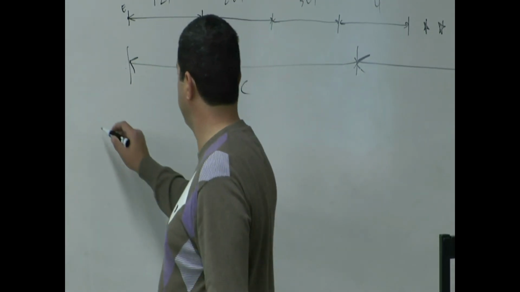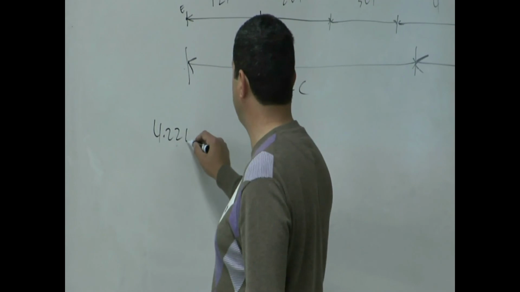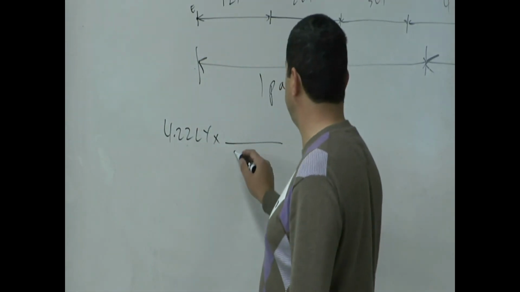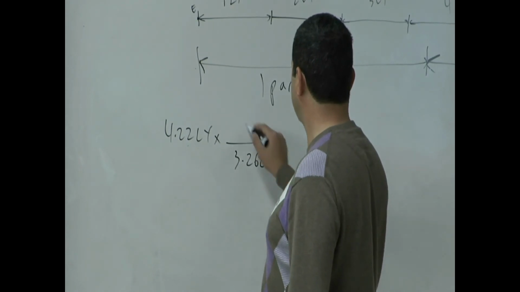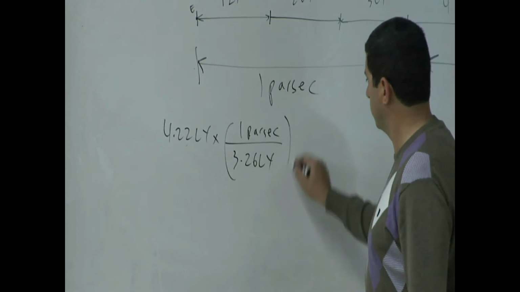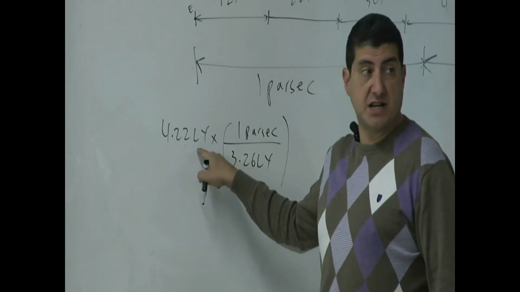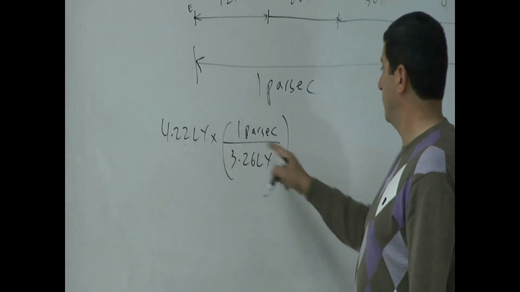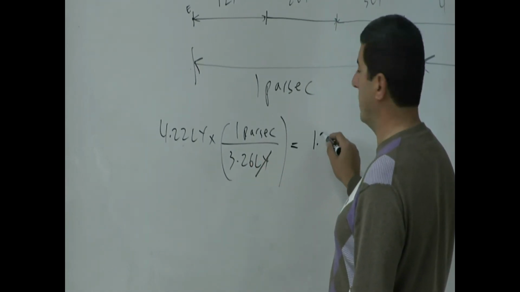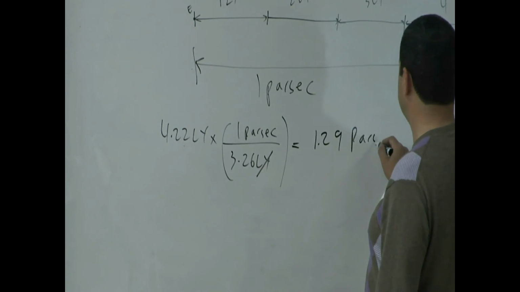The distance from Proxima Centauri was 4.22 light years. If every 3.26 light years is 1 parsec, so if I would know the distance of the star in light years, I can divide by 3.26. That's going to give me 1.29 parsecs.